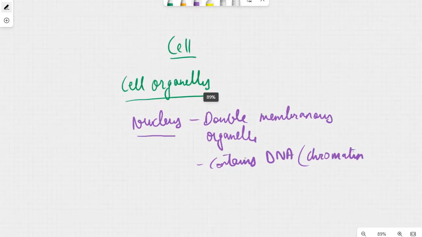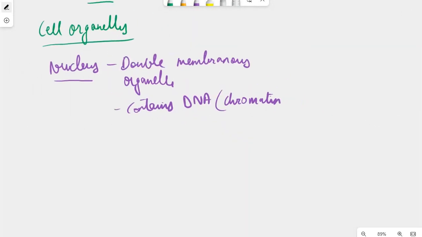Okay, so chromatin in non-dividing cell, chromosome in dividing cell. Basically, when cell is dividing, the chromatin gets into compact form, which is the condensed form, which is the chromosomes.